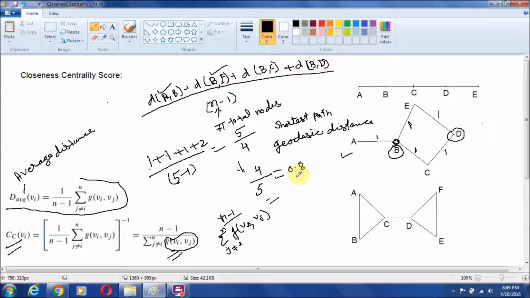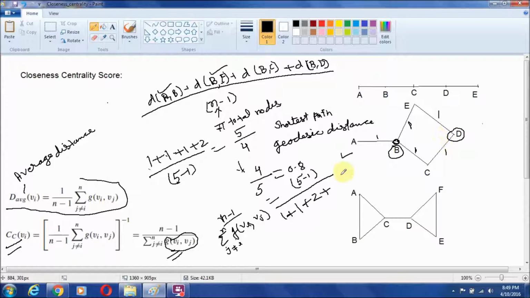So it will be 5 minus 1 divided by distance of D to C, which is 1, plus distance of D to E, which is 1, plus distance of D to B. The shortest path will be either D to C and then C to B, or D to E and then E to B. In both cases it is equal to 2.